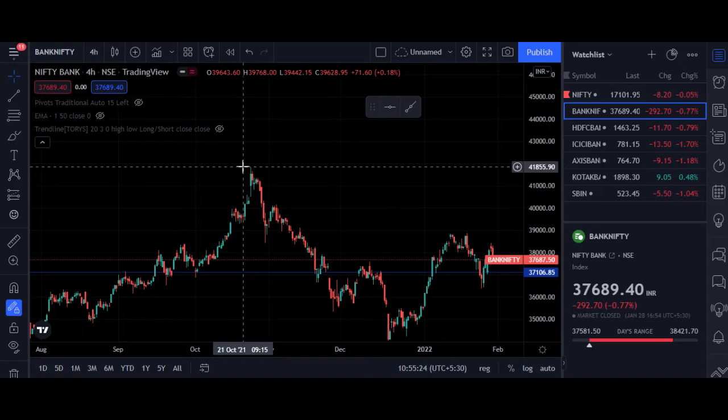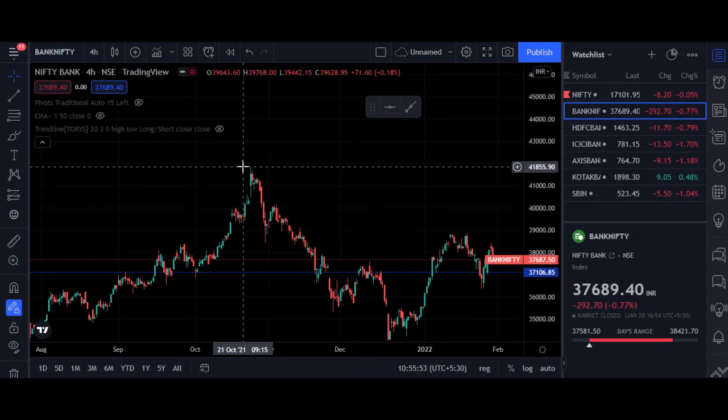Now, the second point is that we need to identify the maximum touches. So we can see here this point. A little bit we'll zoom in. See, this point, we put a horizontal line.